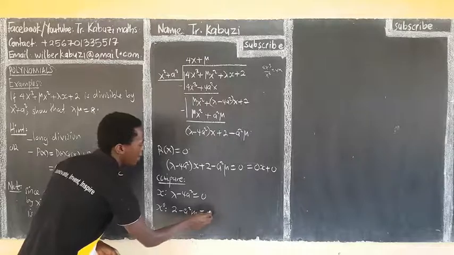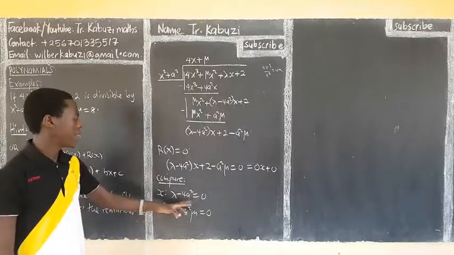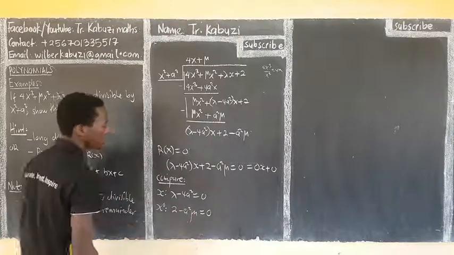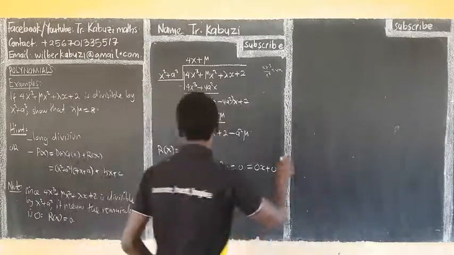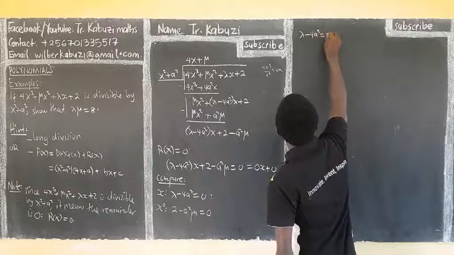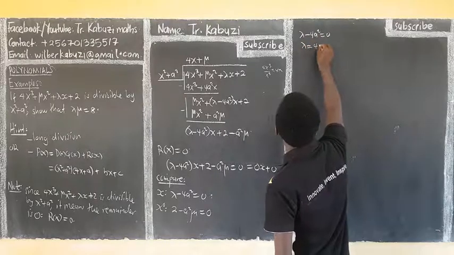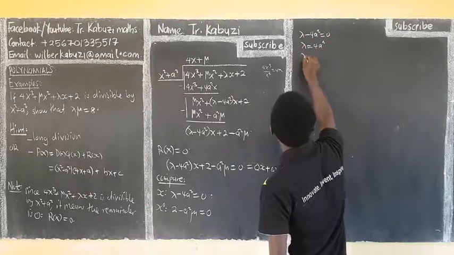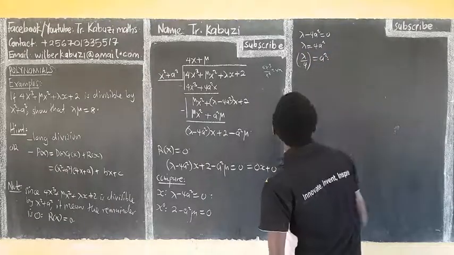The other side I have 0. Now in our proof, we don't have a, so we eliminate this a here. From my lambda minus 4a squared equal to 0, if I take this to the other side, my lambda will be 4a squared. That means lambda over 4 will equal a squared.